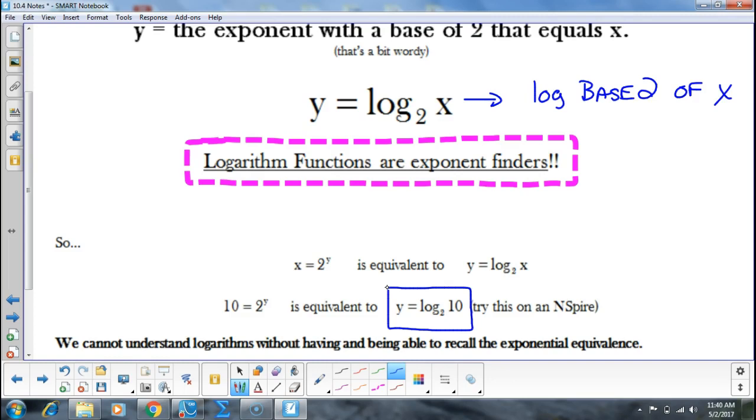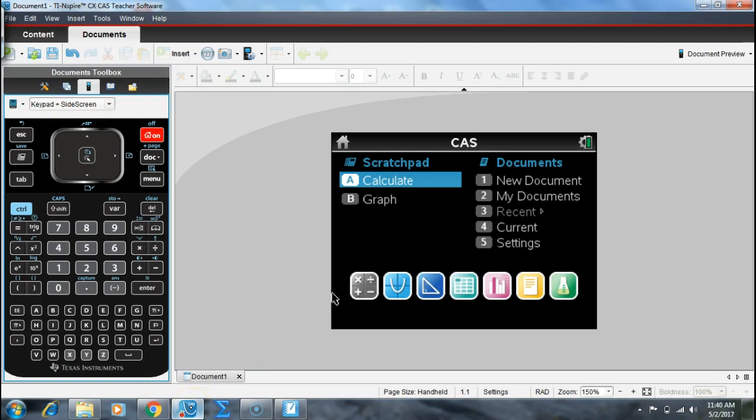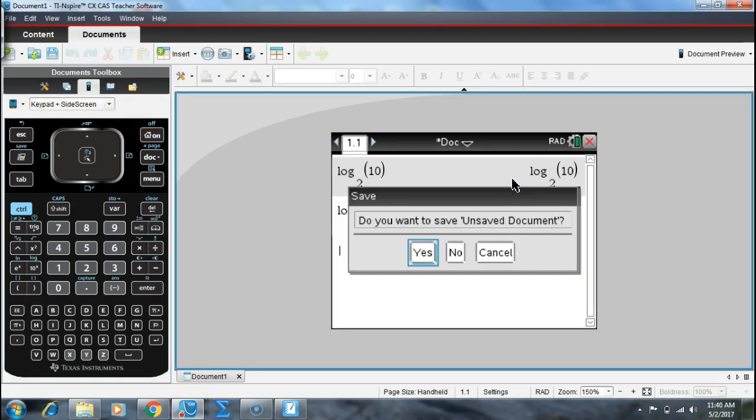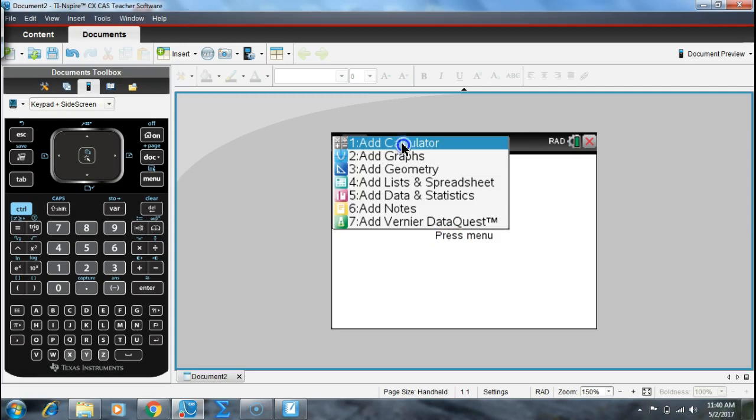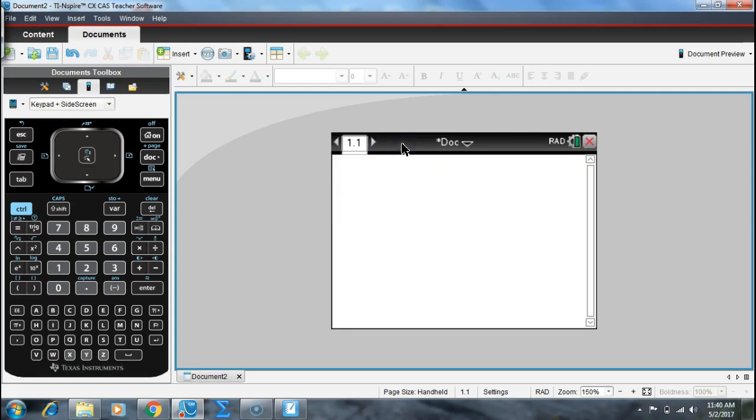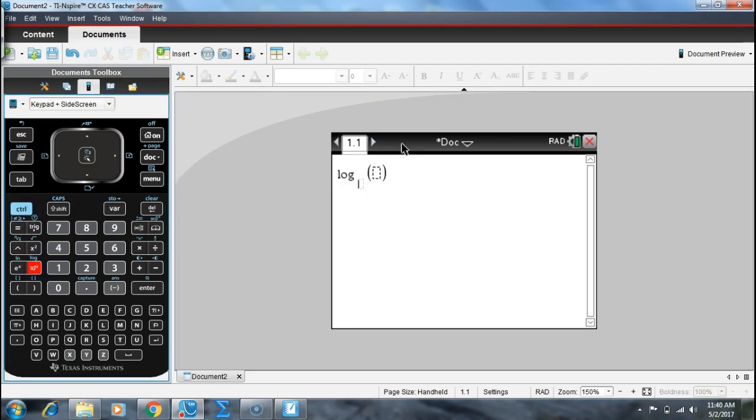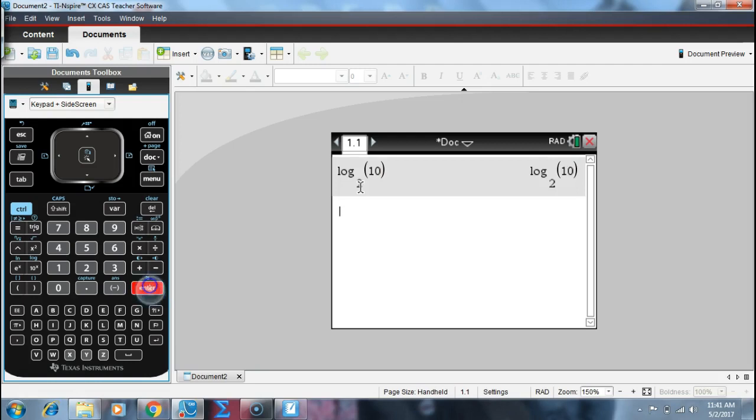Some of your more modern calculators have it on them, like the Inspires. The Inspires let you go into the log portion and type in the base 2 and the other part, 10. Some of yours will go right to the answer, some will just keep it in exact form. Log base 2 of 10 is the exact form.